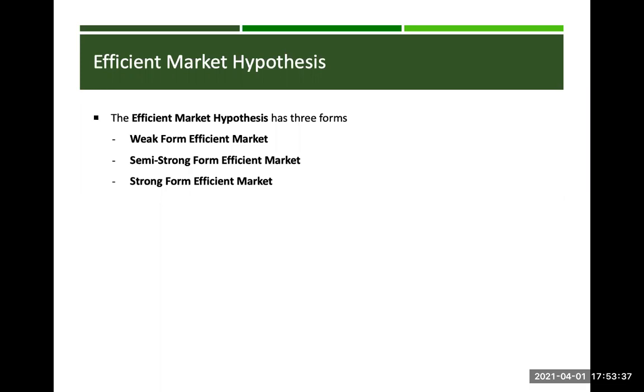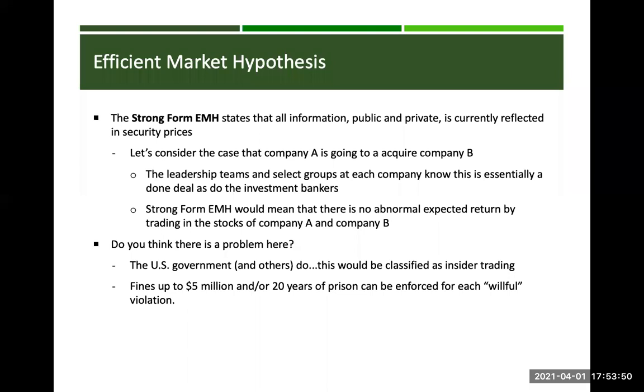Now, there isn't just one form of efficient market hypothesis. There are 3. There's weak form, semi-strong form, and strong form. And I like to go through these starting with the one that's the easiest to disprove. And it sounds like I'm going to be critical of them, and I will be, but that doesn't mean that they should be just thrown away.